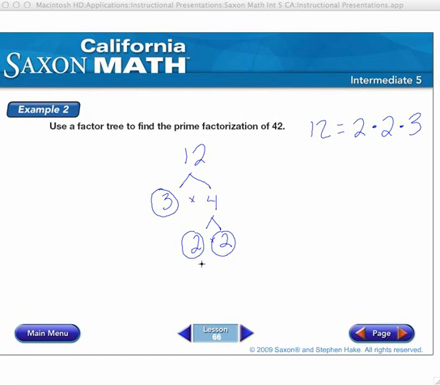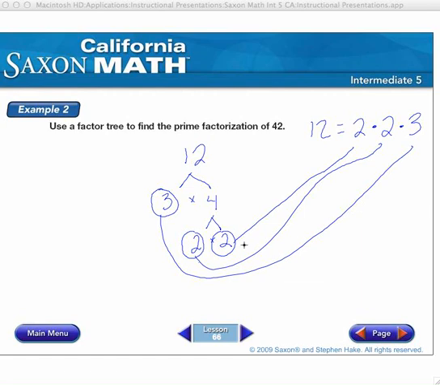I have nothing further that I can factor out because these are all prime. So now if you take a look here, I've circled a 2, a 2, and a 3. I'm going to take these circled numbers and write them just like this and show my prime factorization.